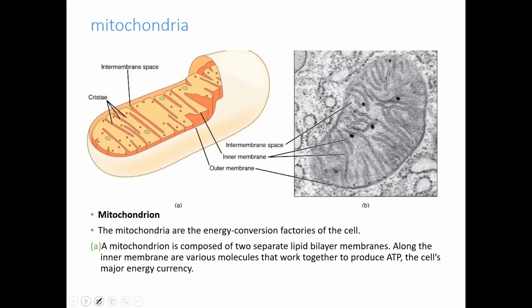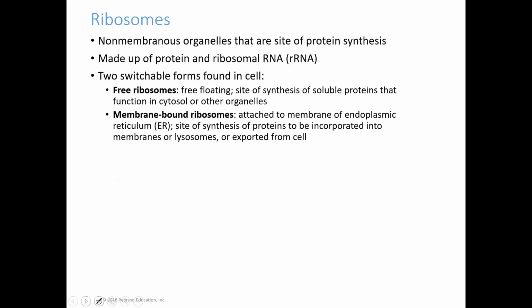We can make ATP without oxygen, but as long as we have oxygen, we can make a lot of ATP. The bulk of the conversion of the energy in glucose to energy in ATP takes place in our mitochondria. They look like little sausage links.